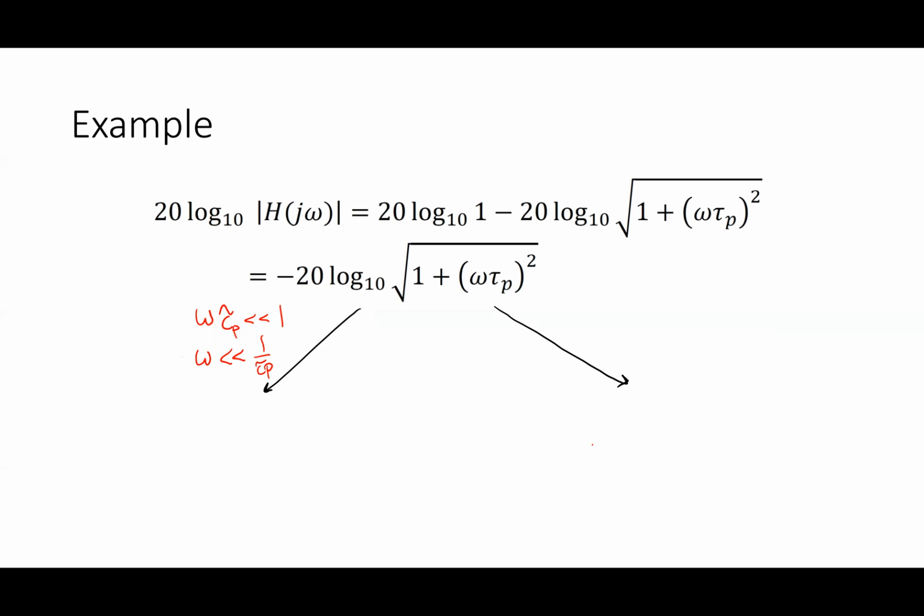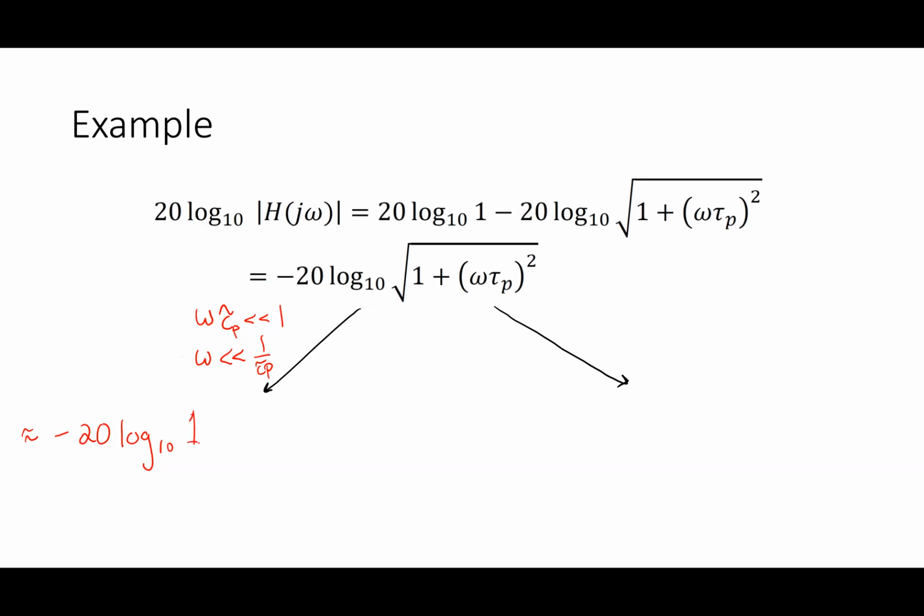If I look at that expression, the -20 log 10, for omega tau p much less than 1, what's true about the argument under that radical? If omega tau p is much smaller than 1, this becomes approximately -20 log 10 of 1.